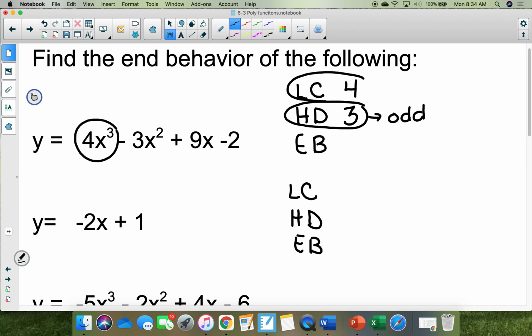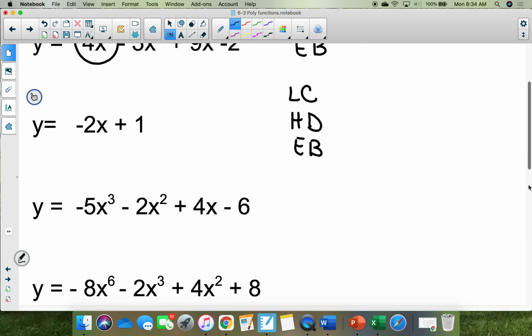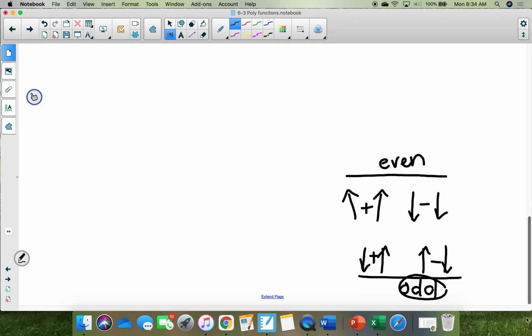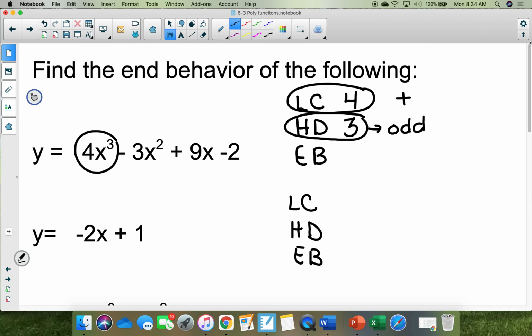Your leading coefficient is positive. So it's positive and odd. Positive and odd is going to go down and then up. So just make a down and then up. And that's why the first part was so important.